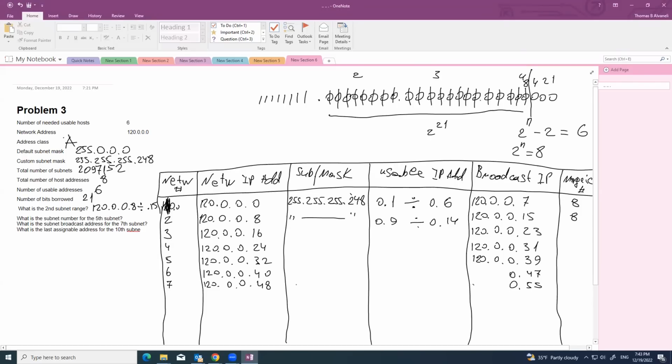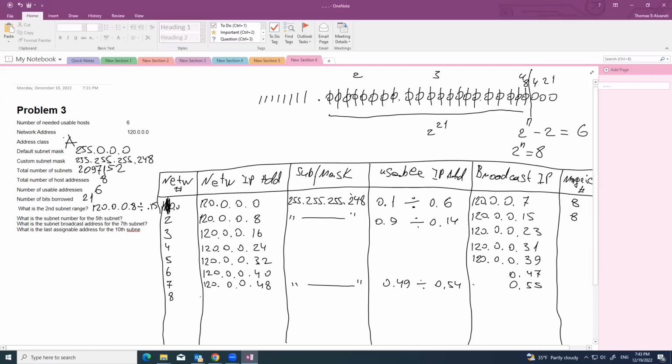All addresses, and here everywhere we have the same subnet mask. Here from 0.49 to 0.54 are assignable usable IP addresses.